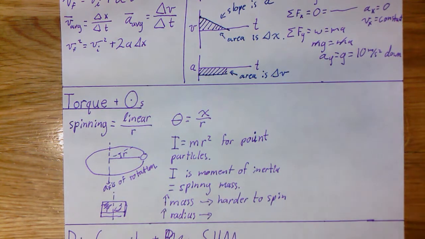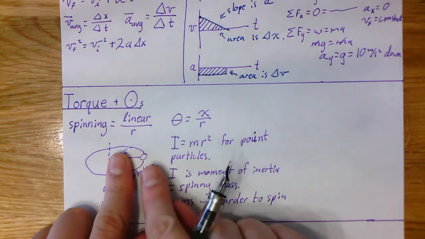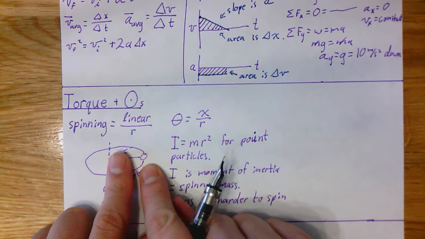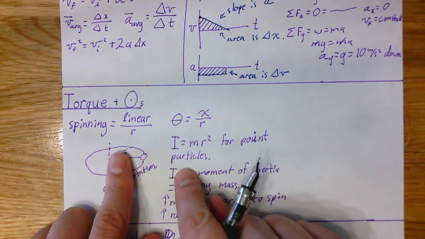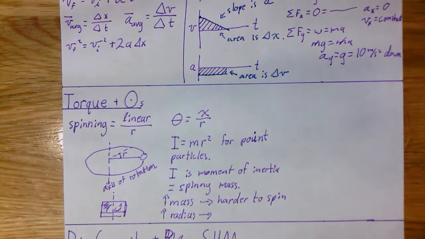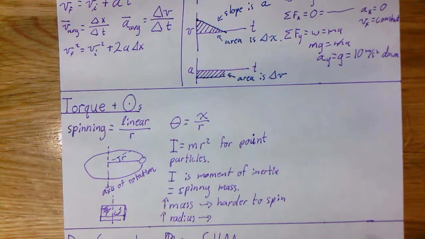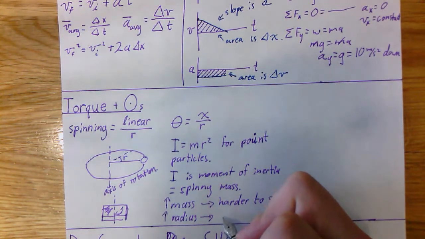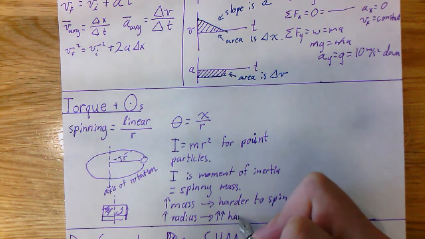So if you're thinking of a merry-go-round, it's sitting on the tiger on the inside versus the pony on the outside. The pony on the outside has a higher moment of inertia because it's farther away. So increasing the radius also makes it harder to spin, but it's like mucho harder to spin.